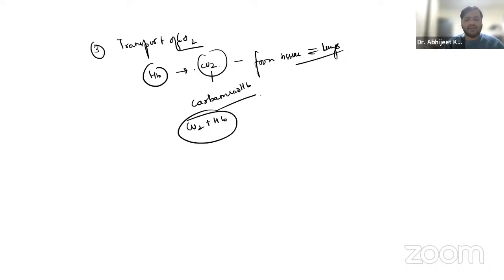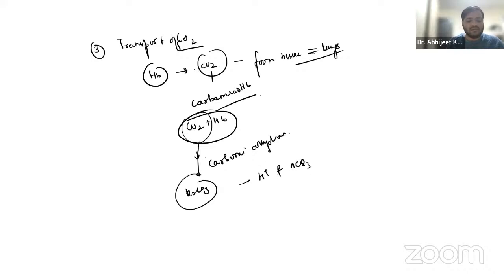However, most CO2 in the blood is converted into carbonic acid by the enzyme carbonic anhydrase, and this acid dissociates into H plus and HCO3 minus. So this hemoglobin buffer helps to absorb some of the H plus ions, minimizing the drop in the pH of the blood.